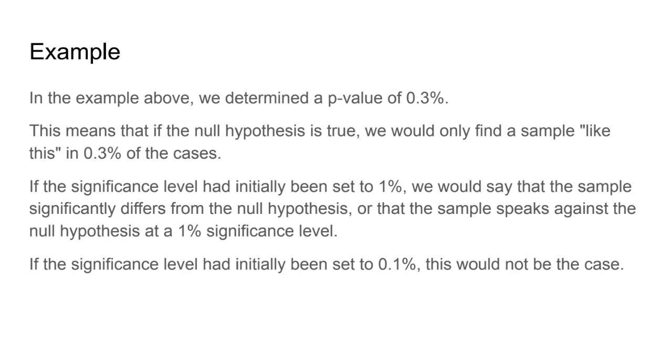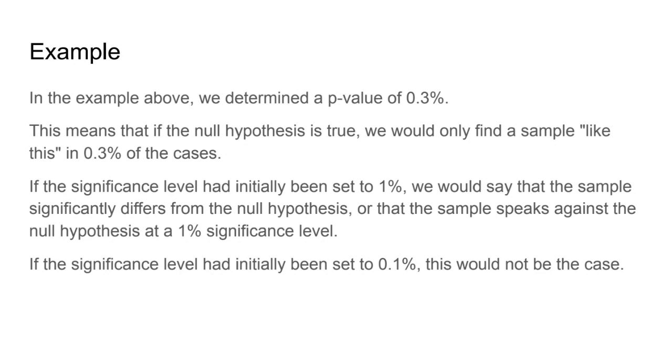Now, it could also be that we have set ourselves a more difficult to reach threshold for our research. In this case, we were looking at the mean age of students. Maybe the information we had was issued by, I don't know, the university statistics office, where we think it's trustworthy and we believe that they have all the information.